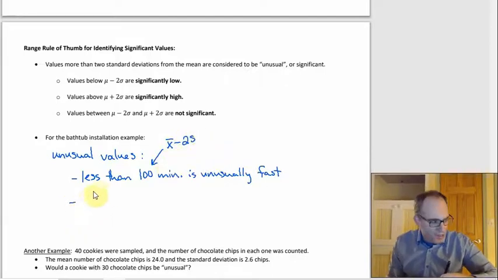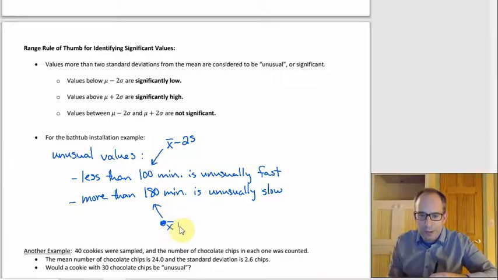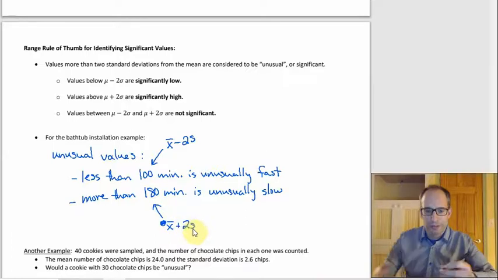And then more than 180 minutes is unusually slow. And that 180, we're using the sample notation, so x bar plus 2s. It's that 180.